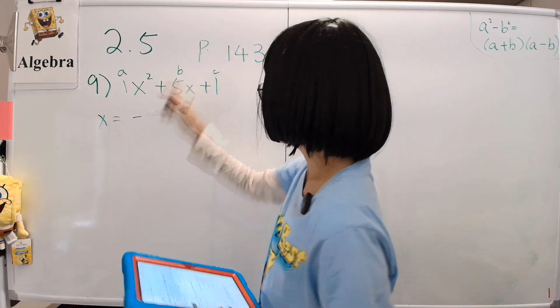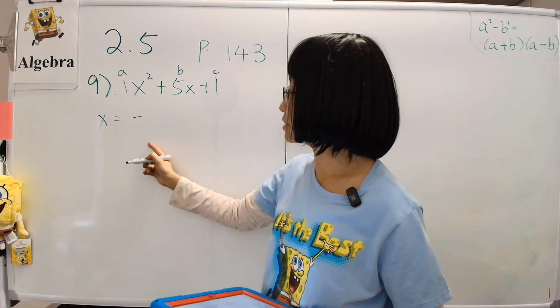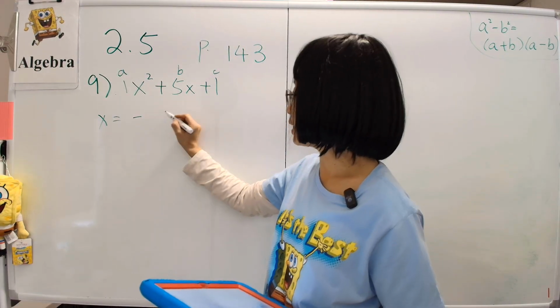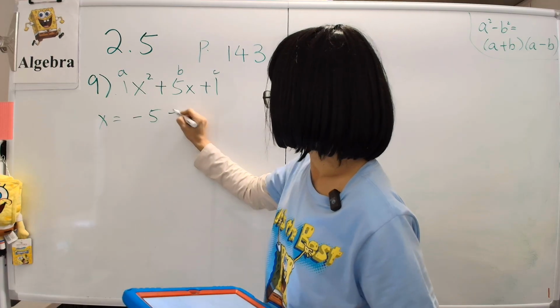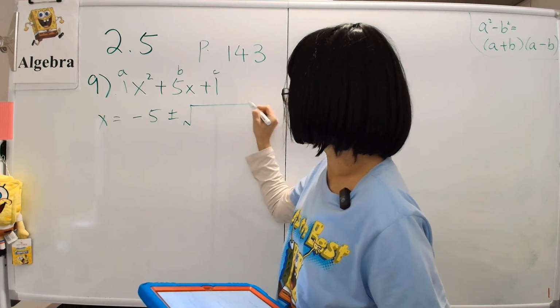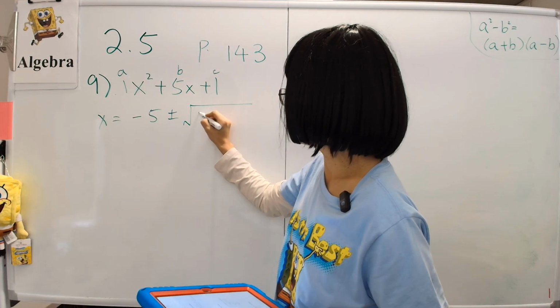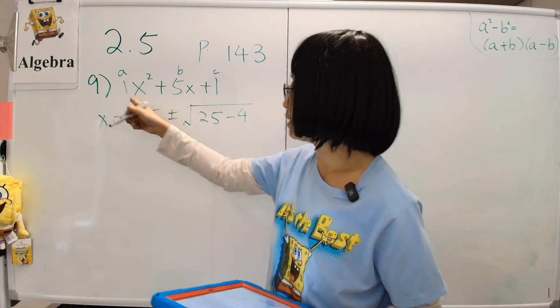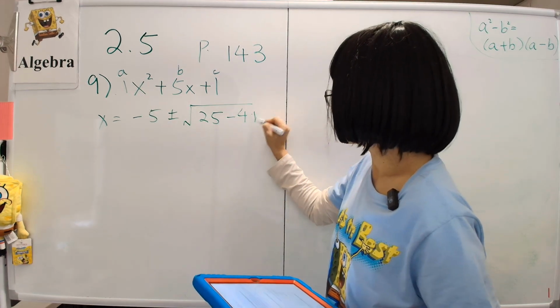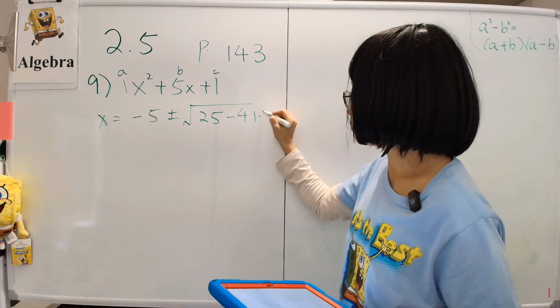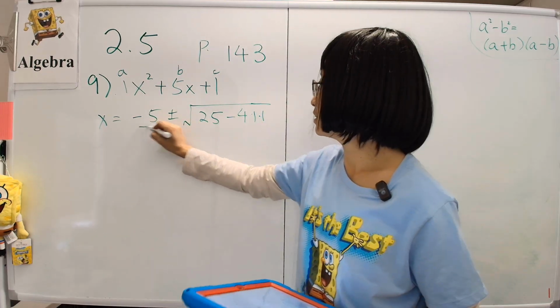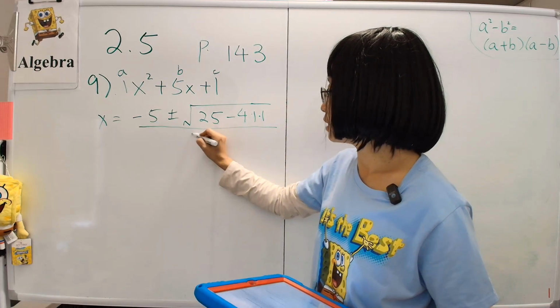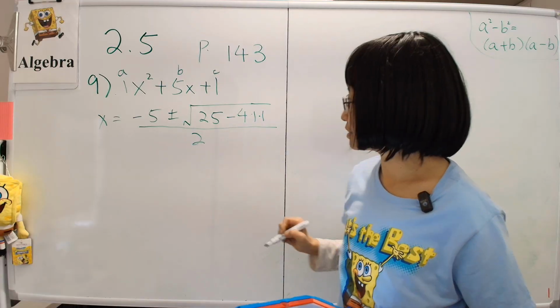So the quadratic formula states that x equals minus b, which is 5, plus or minus the square root of b squared, 5 squared, that's 25, minus 4 times a, which is 1, times c, another 1, all over 2 times a. 2 times a is 2, because a is just 1.